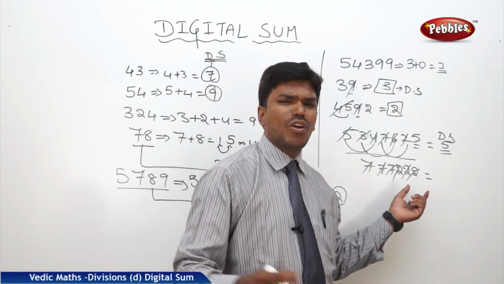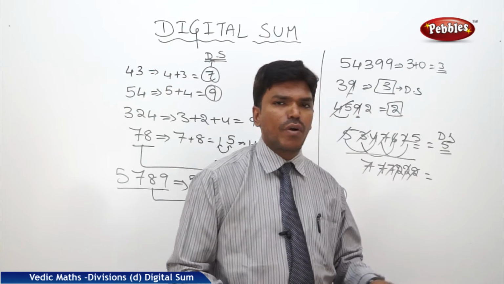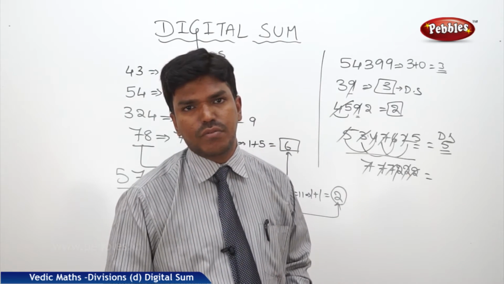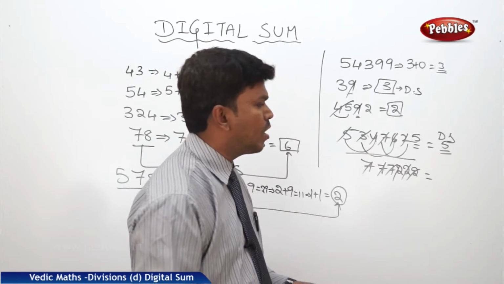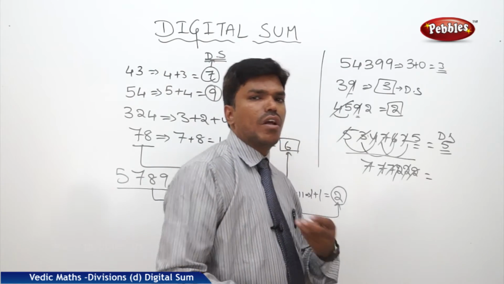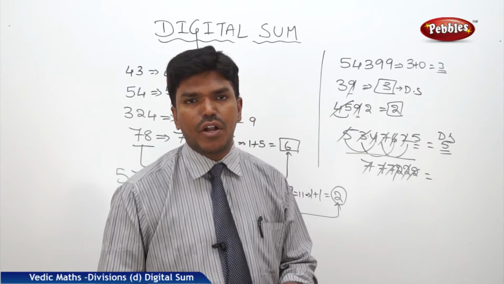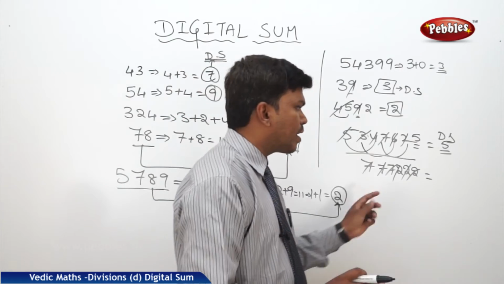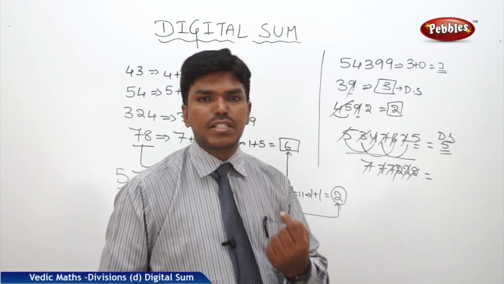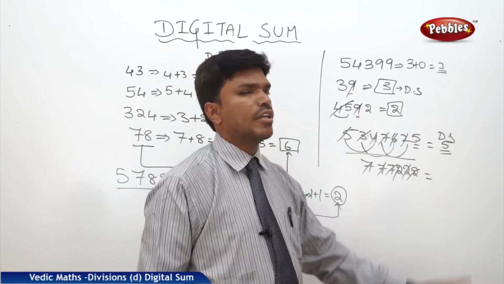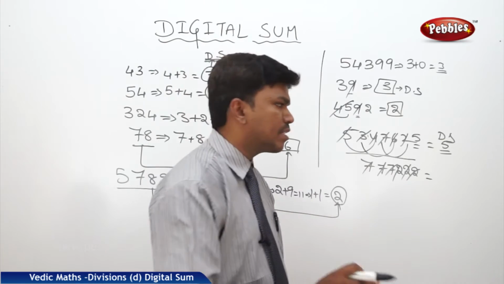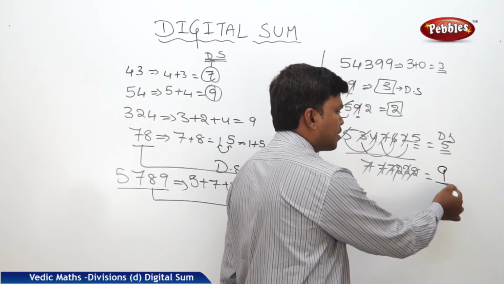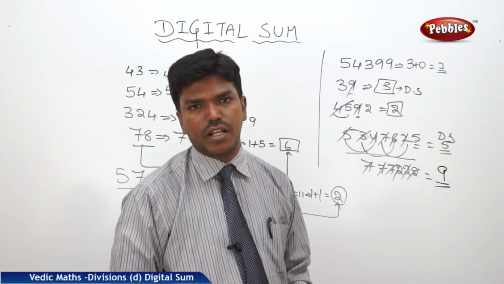Whenever you think logically also, whenever you add some digits, how can you get the digital sum as 0? You will never get it. So if all the digits are ignored, without leaving a single digit, if all the digits are ignored which are adding up to 9, the digital sum is simply 9. The digital sum is 9.